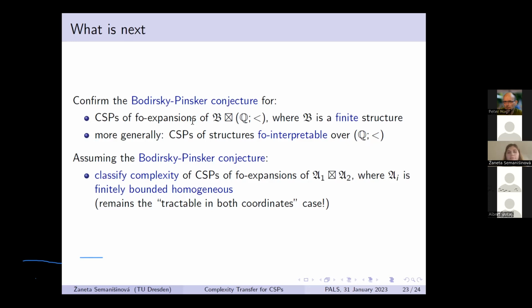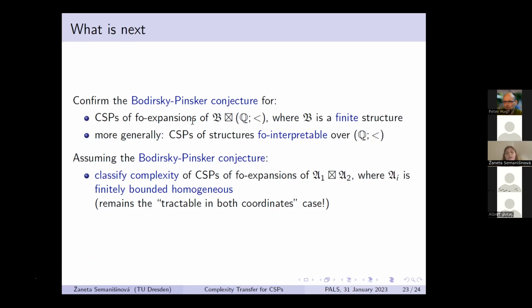One is that this might be a good option to understand how the algorithm for CSPs of finite structures actually works, because this is still not really well understood.